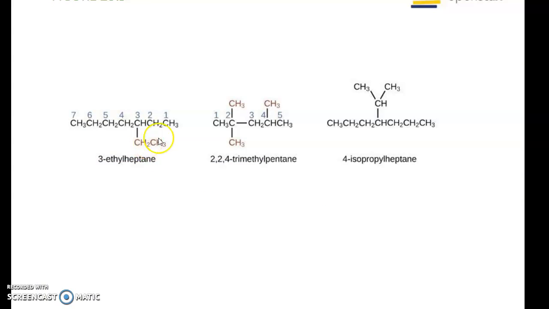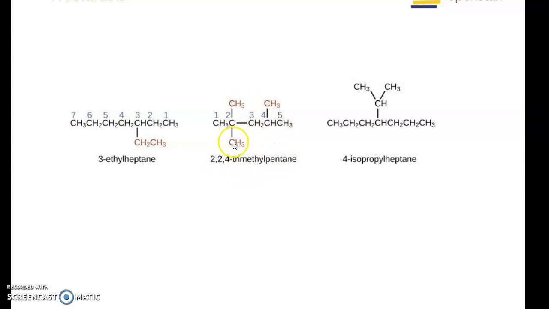So here we have 7 of them, so that is going to be heptane, and starting from here it's 3, and this is an ethyl group, so this is 3-ethylheptane. Here, although these are both on the second ones in, this is the more complex one. So this becomes 2,2,4-trimethylpentane.